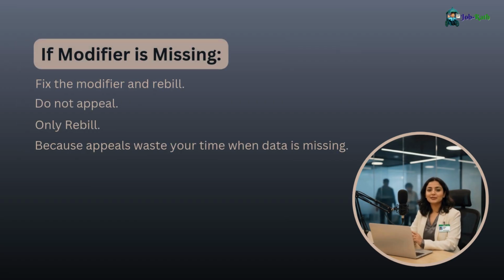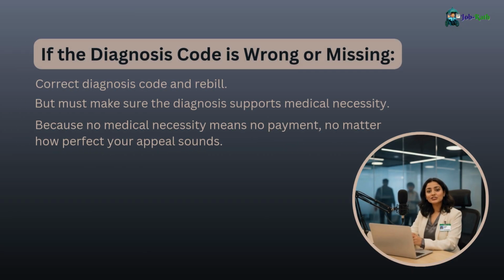If the issue is a missing modifier, fix the modifier and rebill. Do not appeal. Only rebill. Because appeals waste your time when data is missing. If the diagnosis code is wrong or missing, correct it and rebill. But make sure the diagnosis supports medical necessity, because no medical necessity means no payment, no matter how perfect your appeal sounds.